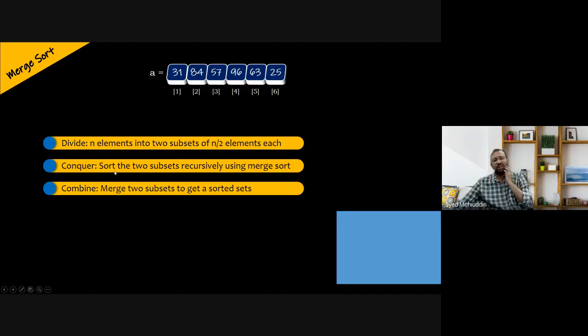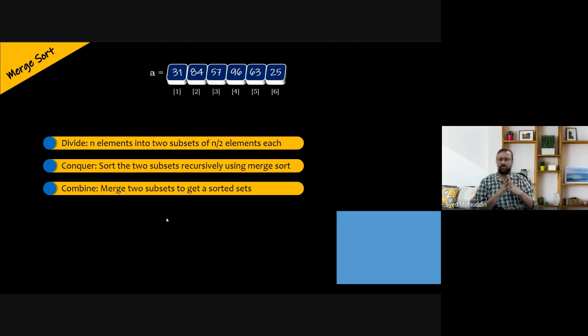Then we have the last phase, combine. When we have two sorted subsets, we merge those two. The term merge comes from combine. Combine those two sorted subsets to get a sorted original set. So that's the basic idea about merge sort.